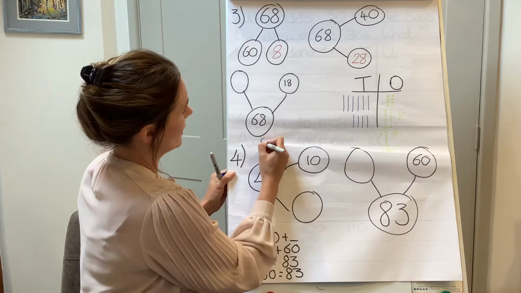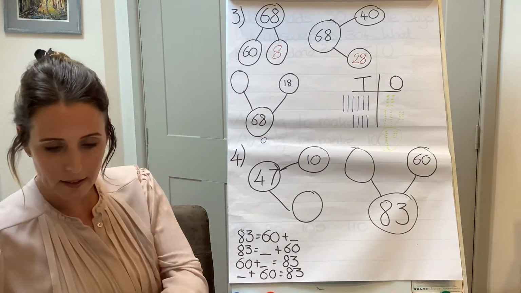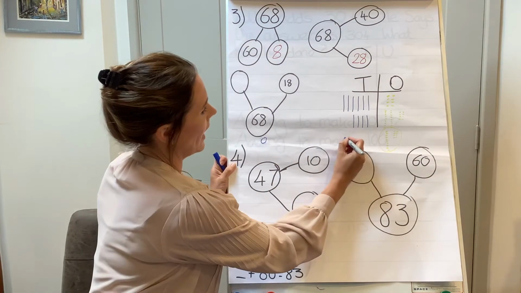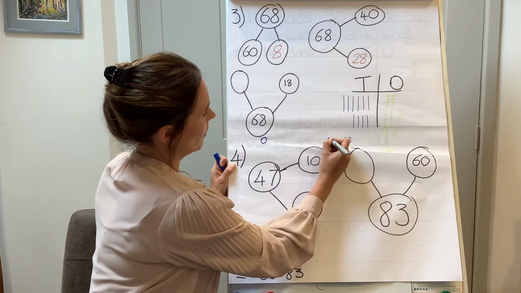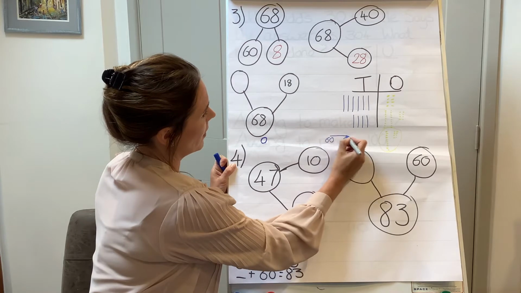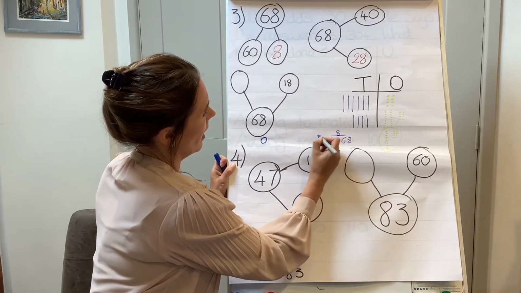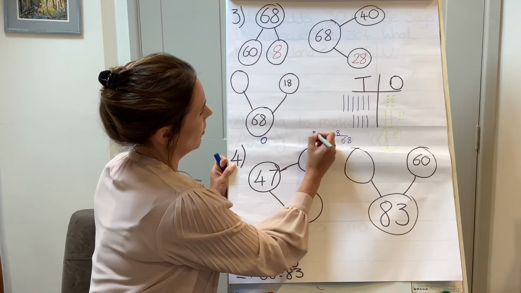So you can think you've got 0 and you go into 68. So if we go to 60, we have got the 8 there, and we have got 50, we have got 10.